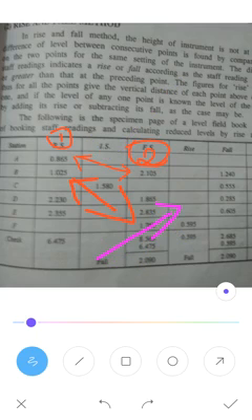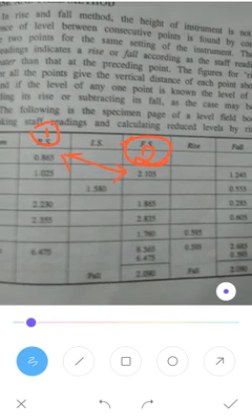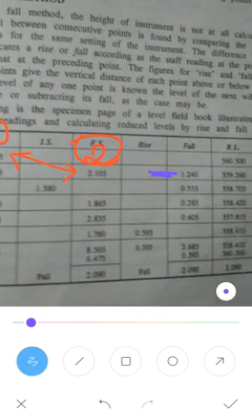Now I have shown the movement of the leveling staff, it went like this. One is the first backsight, next is the foresight. 8.675 minus 2.105. If you subtract that, you will get a minus value, minus 1.240. Rather than writing minus 1.240, you have to write it in the fall column.